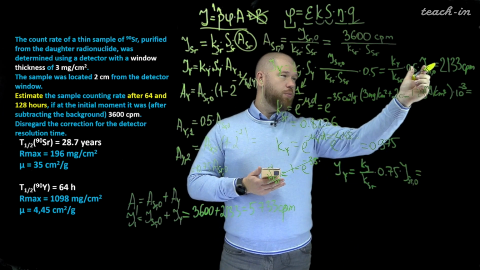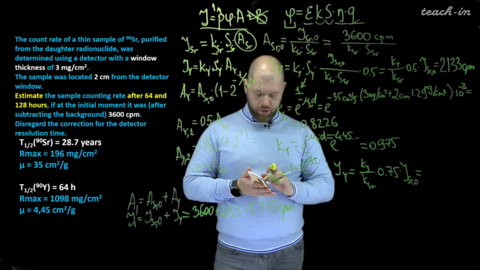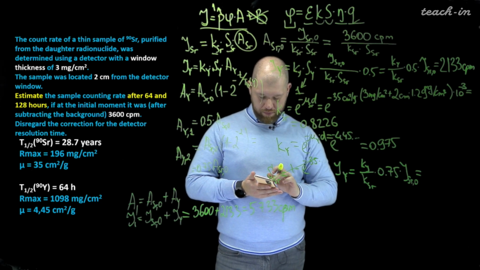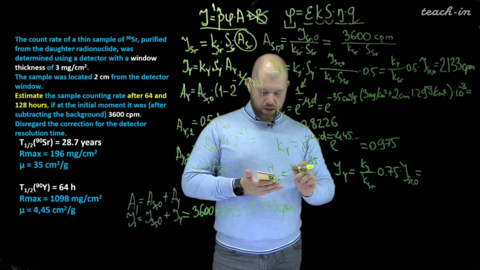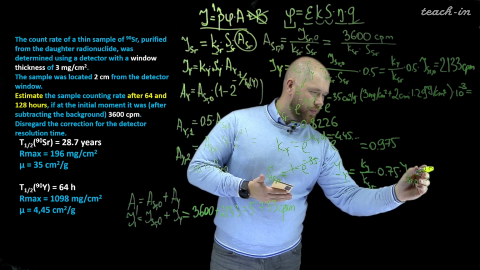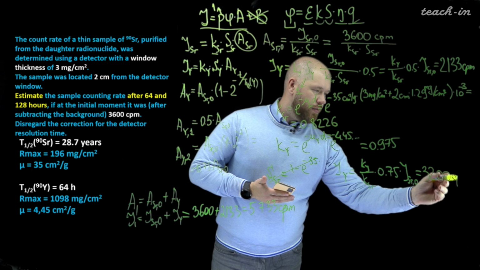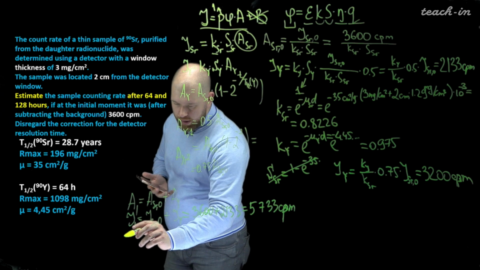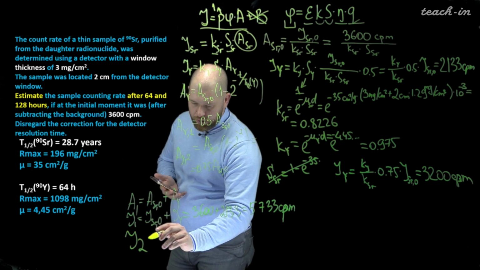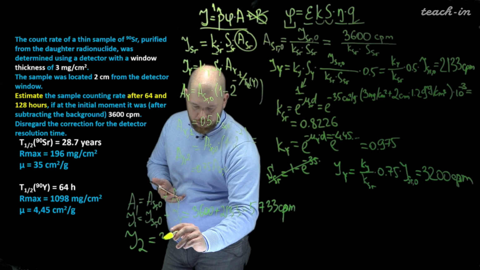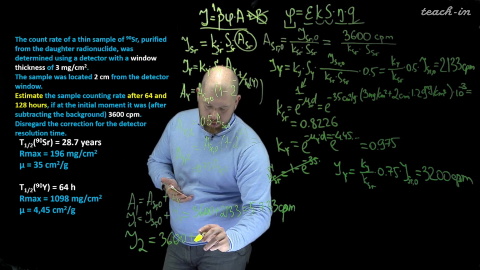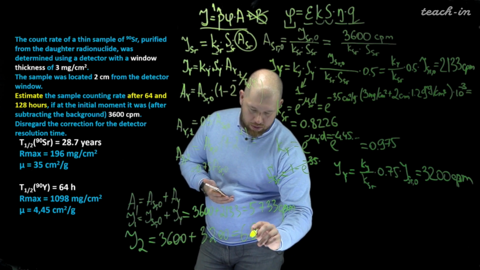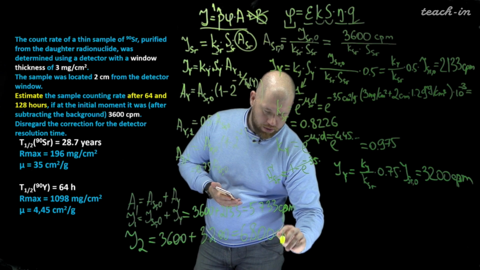Simply, we can just multiply this number by 1.5 because it is the difference between 0.75 and 0.5, and it will be, let's say, 3200 CPM. And thus the count rate after 128 hours will be 3600 plus 3200, so it will be 6800 CPM.